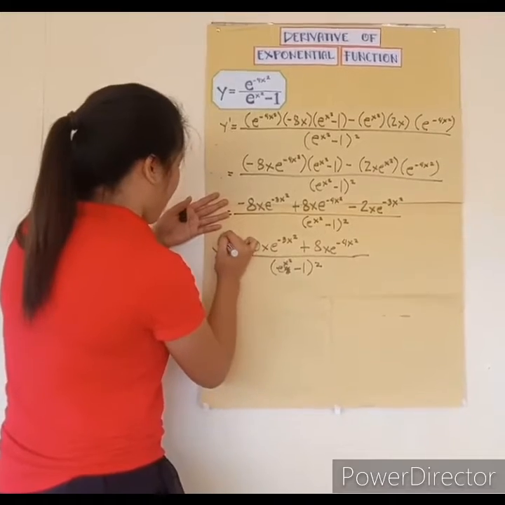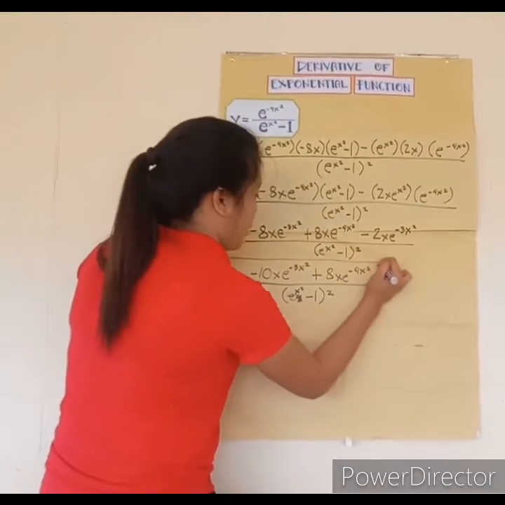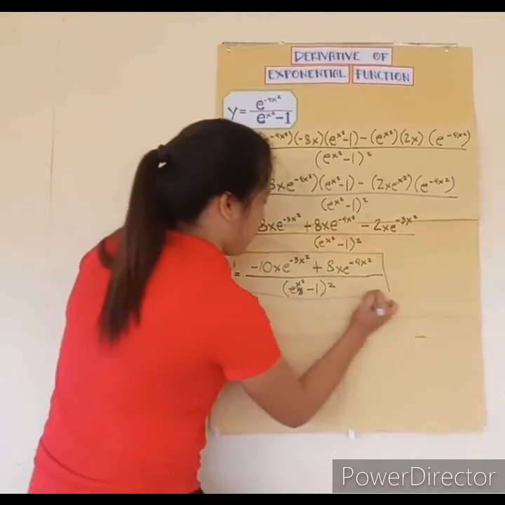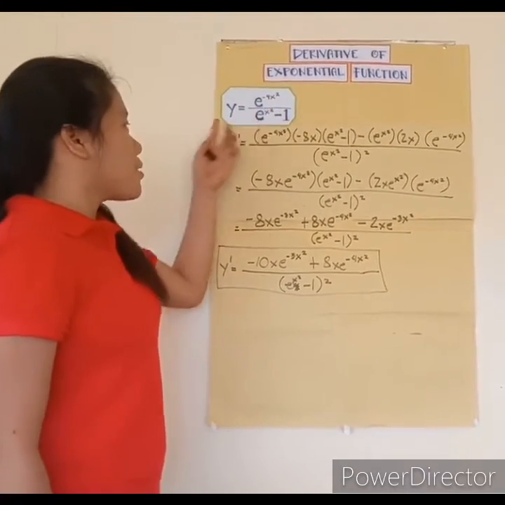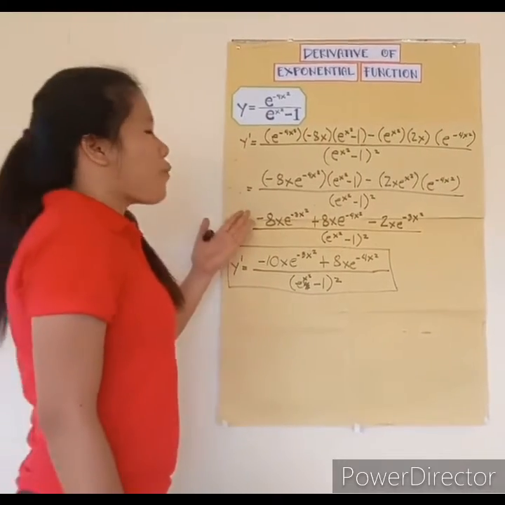So this is our y prime, or the derivative of our equation, which is y is equal to e to the power of negative 4x squared over e to the power of x squared minus 1.